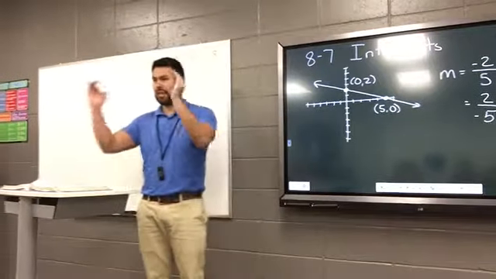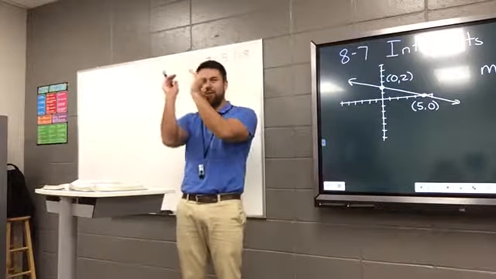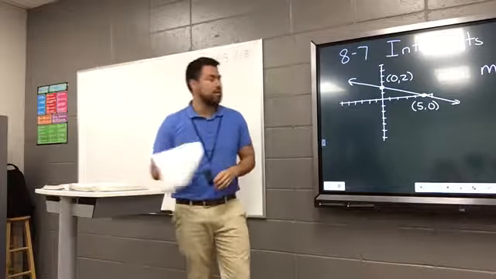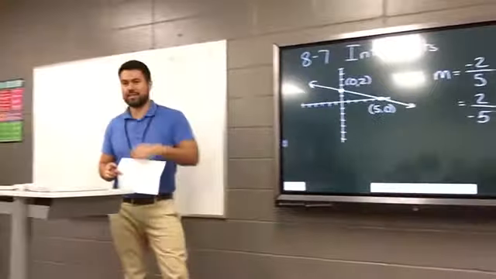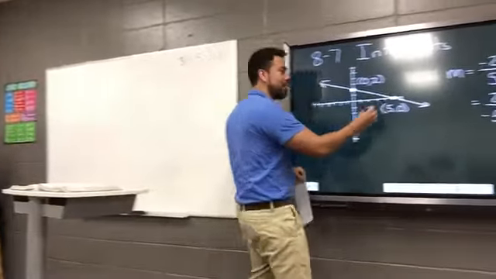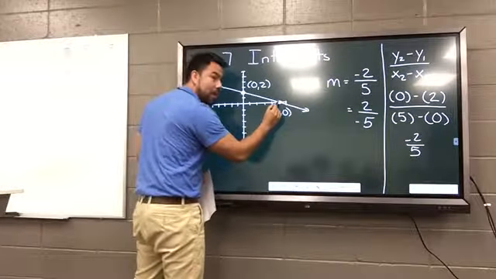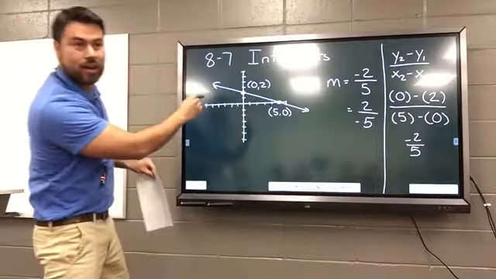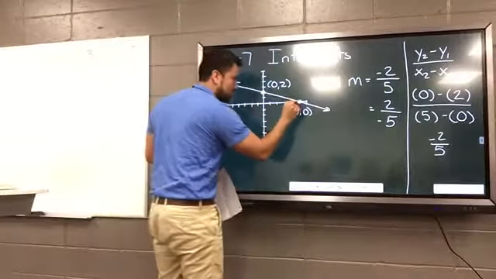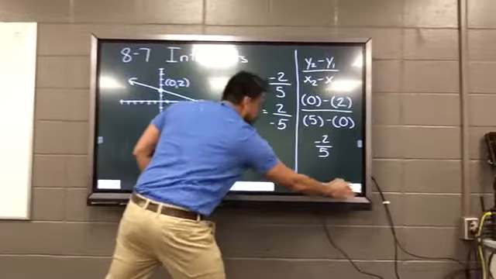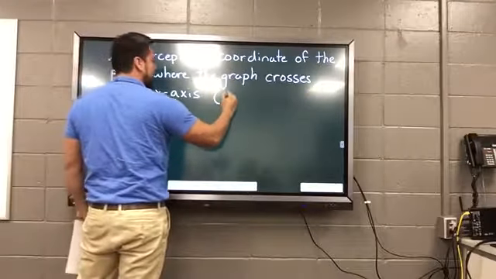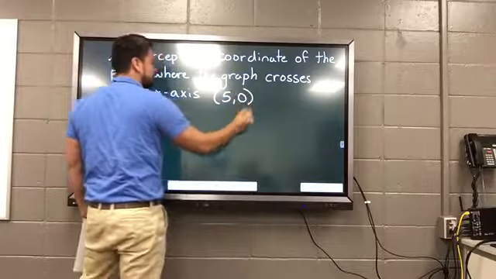Could somebody give me the ordered pair where my line crosses the x-axis? That's where it crosses the y-axis. 5, 0. How many of you would agree this point right here is where it crosses the x-axis? Right there. Okay, so going back to my notes, the ordered pair is 5, 0.